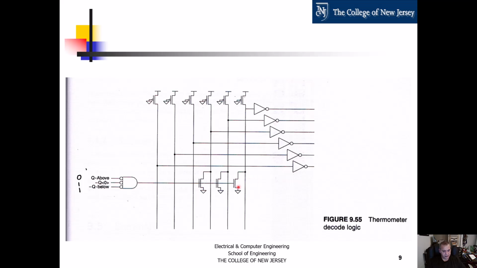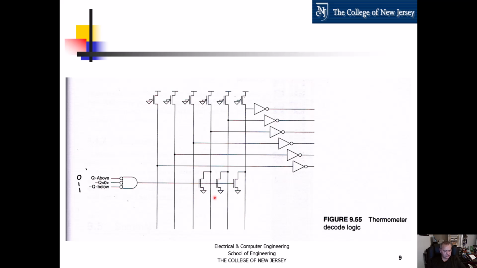And then this transistor turns on, which pulls this line down, which gives us a 1 in this line. But again, this is just an example of how the circuit works.